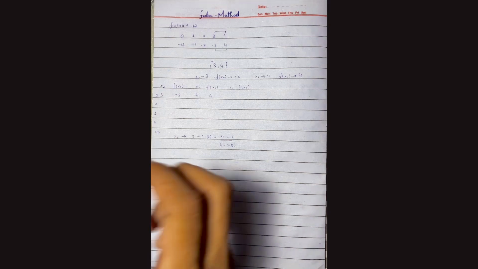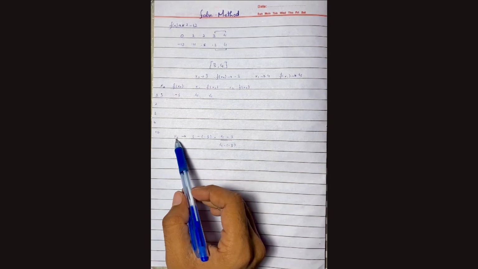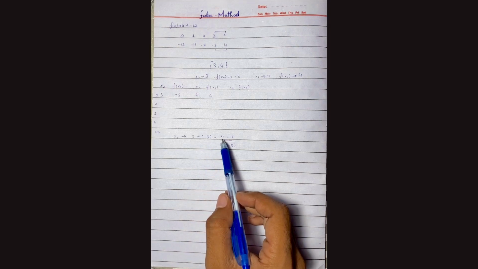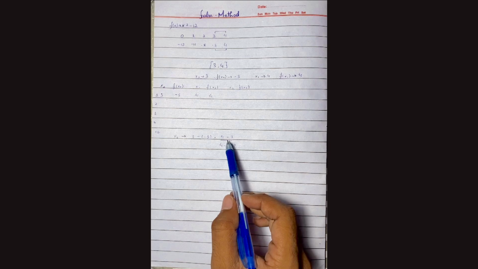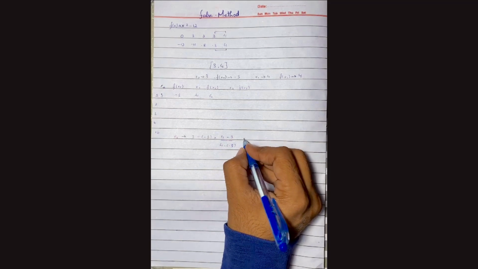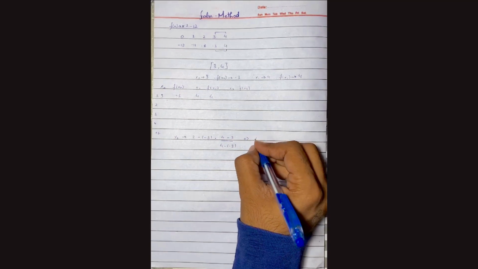As you all know the formula, in our last video we wrote that formula, which was x naught minus f of x naught multiplied by x1 minus x naught upon f of x1 minus f of x naught.